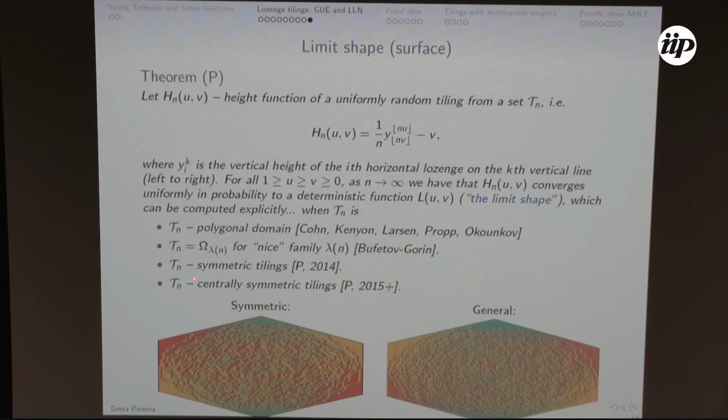And then one can also do it with the global symmetry that we are imposing, so vertically symmetric and centrally symmetric. I don't have a picture, but this is how a big uniformly random tiling looks like, and this is about as close to this limit surface as it gets.